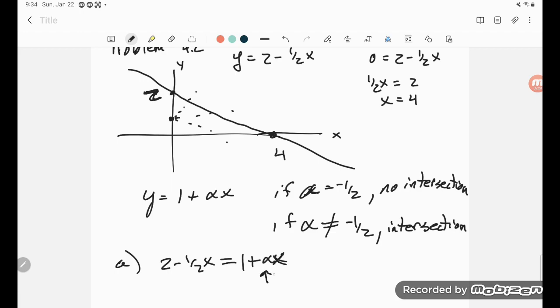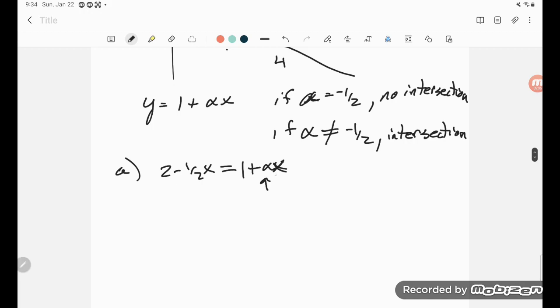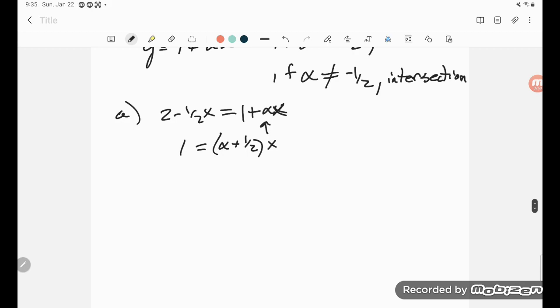And well, you're stuck with alpha in there, but still I can bring the negative 1/2 over and the negative 1 over here, and I can write this as alpha plus 1/2 all times x, so I can solve for x. Okay, so I'll get a formula for x.